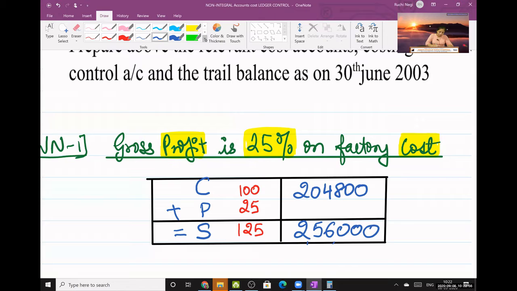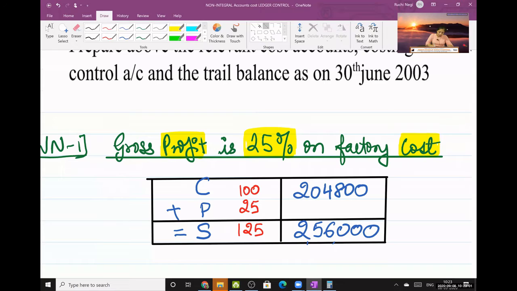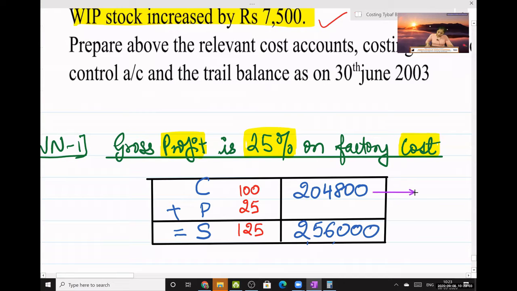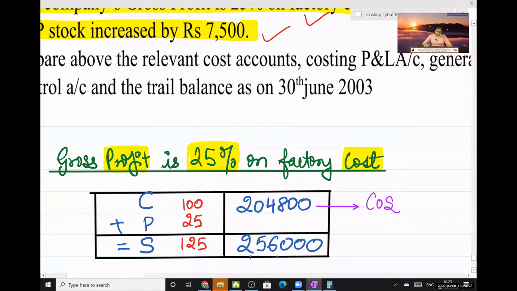So this, what I have got, is my cost of sales. Cost means total cost; in the cost sheet, total cost means cost of sales. Is it clear? Acknowledge it in the chat box. Understood? The hidden entry is cost of sales.